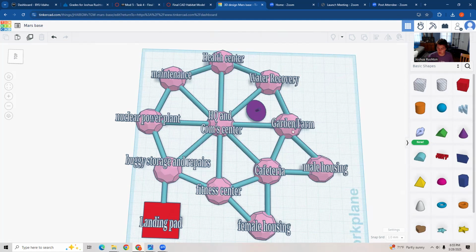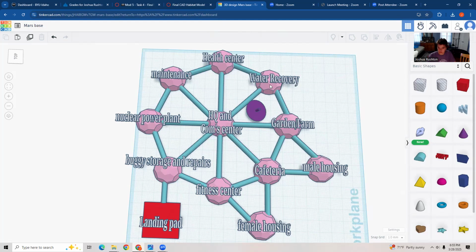We have our garden slash farm dome. This is important because when the first 100 astronauts come, they will need to start working on the garden so that eventually we can have 250 astronauts self-sustained using both this garden and the water recovery unit.